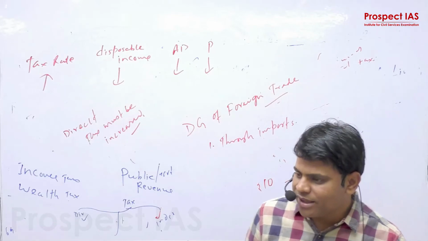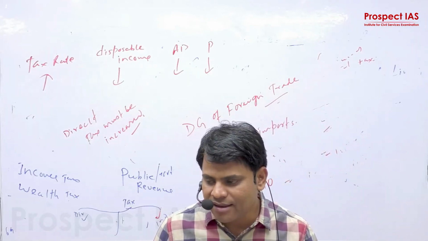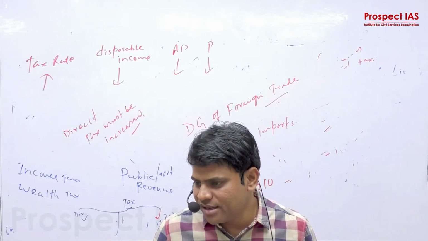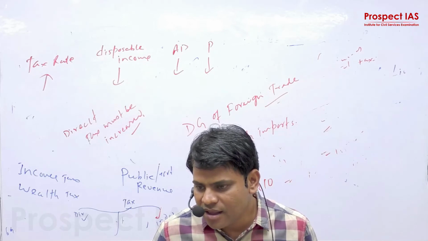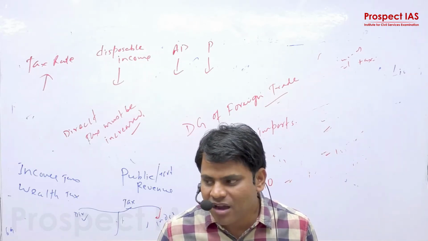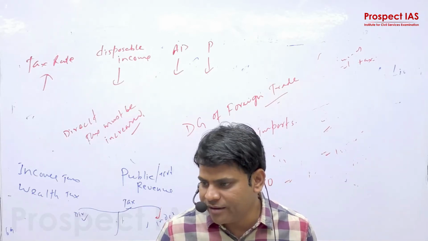और इसलिए आपने देखा होगा कि व्हेन वी हैव इन्फ्लेशन ऑफ सर्टेन कमोडिटीज, like you come across the news of inflation in onion, है ना? So when the prices of onion increase, we find that government imposes a ban on the export of onion.